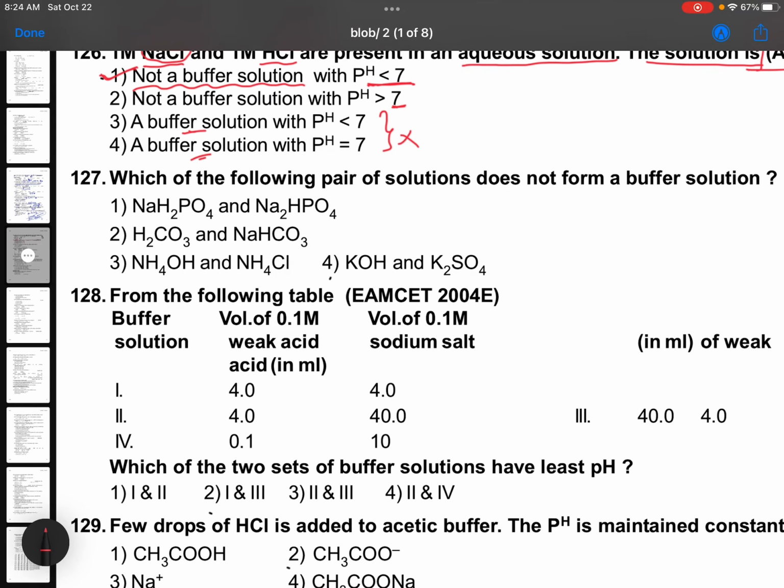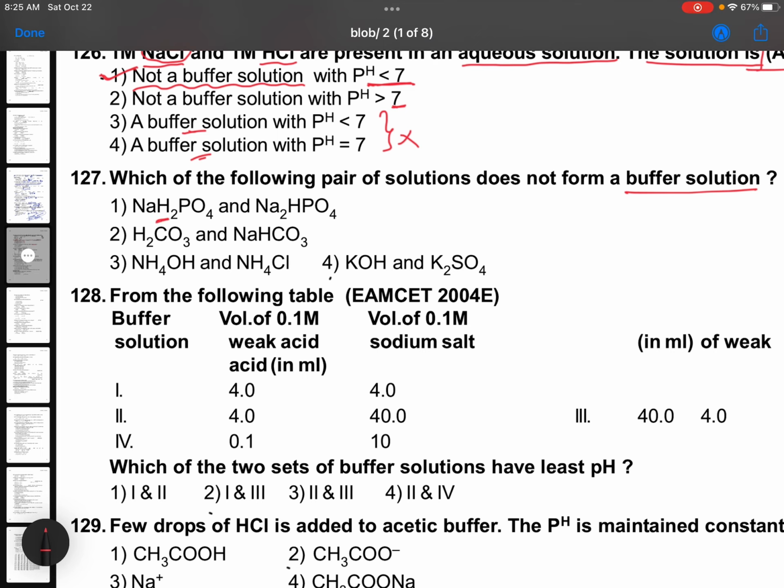Which of the following pair of solutions does not form a buffer solution? This is a very interesting question. Actually, what happens here is you need to be very careful about what combination is given. See here, NaH2PO4, Na2HPO4, whether it functions or not. NaH2PO4 can still release one proton.